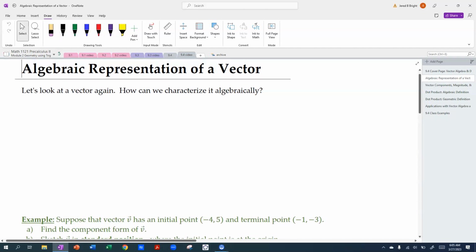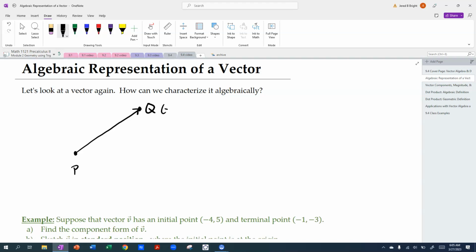So now we know that a vector has an initial point, let's call it P, and it goes to a terminal point Q, right? And now the only thing that we're going to add to put this into an algebraic context is coordinates. So let's say that this ends at x2, y2, and this end begins at some x1, y1 point.